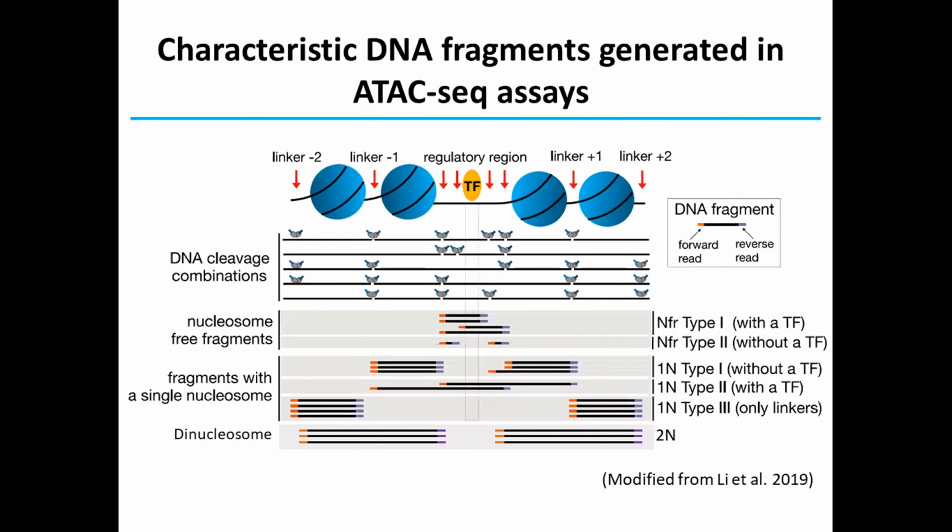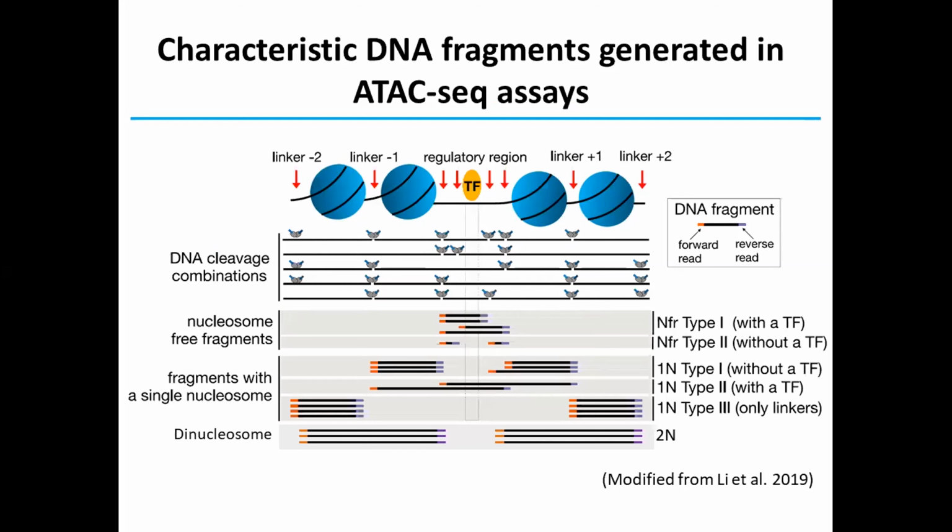As I said, the Tn5-mediated tagmentation process typically produces fragments with different sizes, such as small fragments less than 100 bases, which are from the nucleosome-free region, and other fragments that are associated with a single nucleosome, dinucleosome, or even trinucleosome or tetranucleosome.